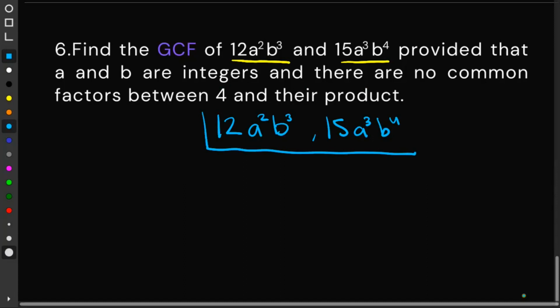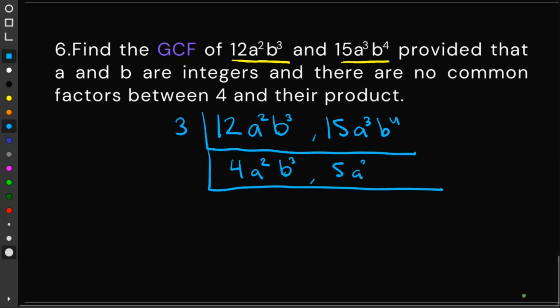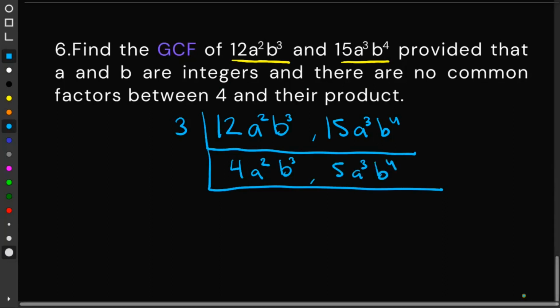So first, we know that 3 is a common factor of both of these numbers, since 3 is a common factor of 12 and 15. So that would give us 4a squared b cubed and 5a cubed b raised to 4.